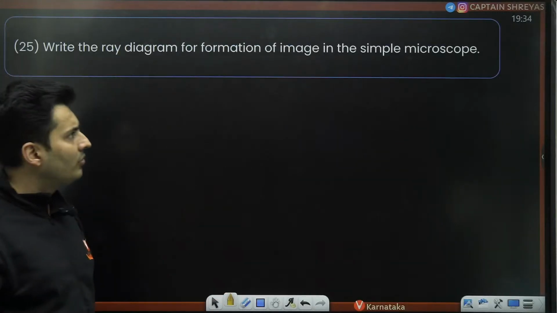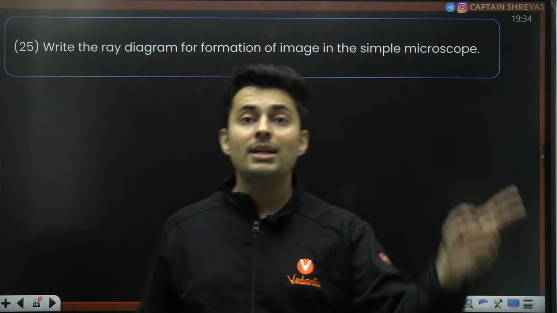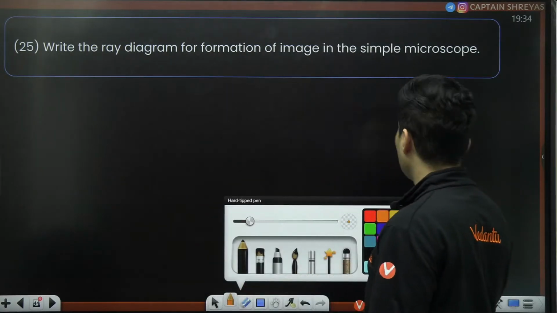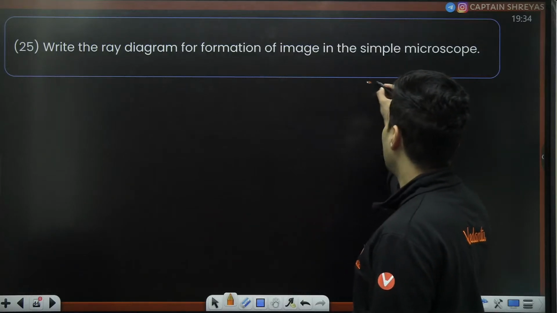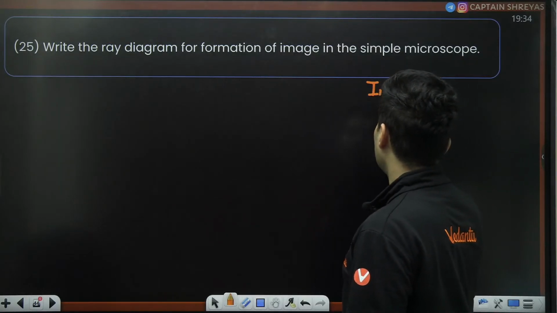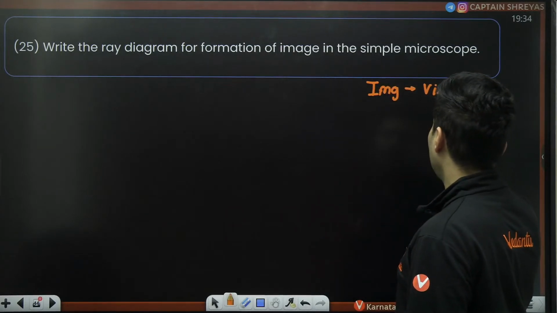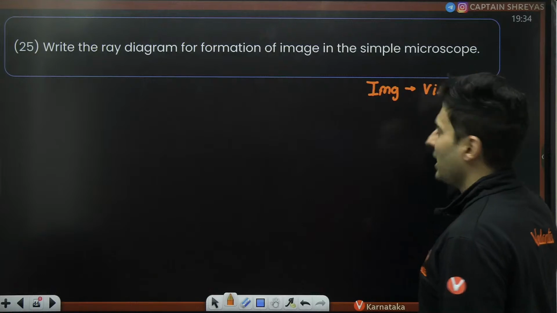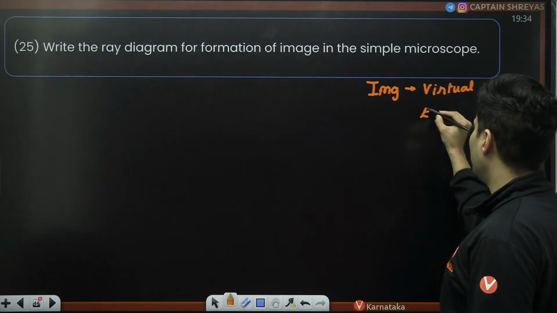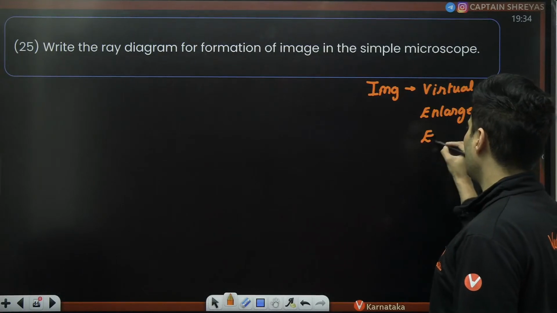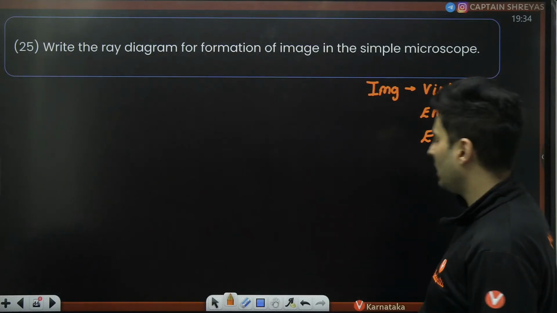Write the ray diagram for the formation of image in case of a simple microscope. Now, main things which you should remember for a simple microscope is that the image is going to be virtual, number one. It is a microscope, so it has to enlarge it, so it will be enlarged, and it will also be erect.